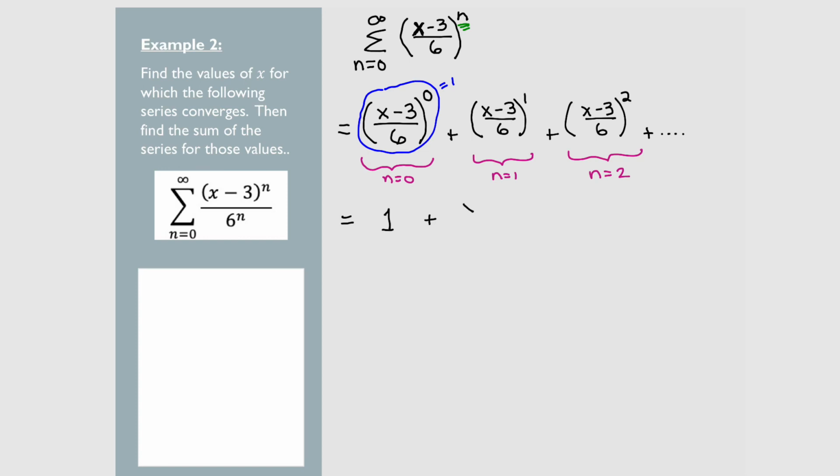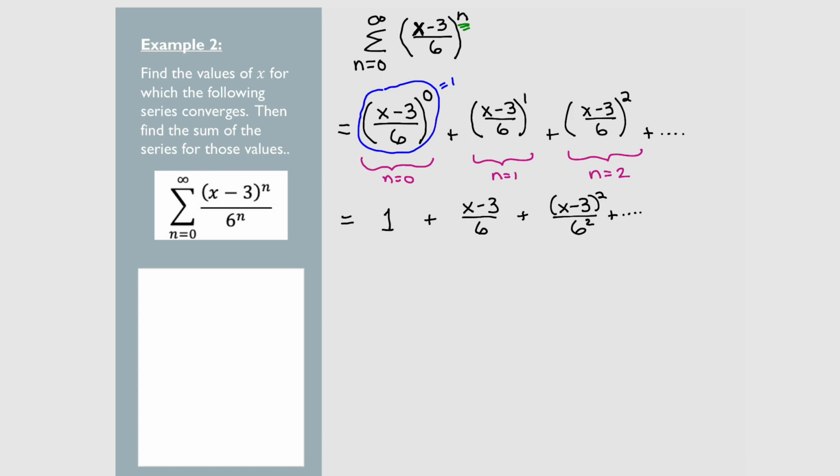The second term is just (x minus 3) over 6. And then the third term, and I'm not going to expand it out because, again, my whole job is to find a and r, so I can determine convergence and also find sums. So I'm looking at my geometric series, and it's 1 plus (x minus 3) over 6 plus (x minus 3) over 6 squared, etc., etc.